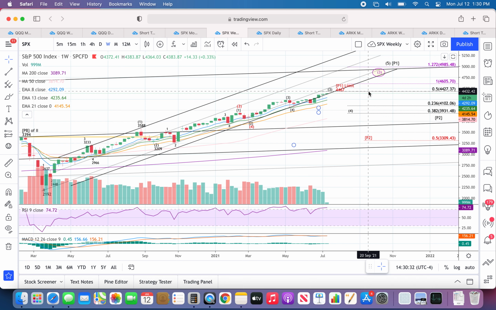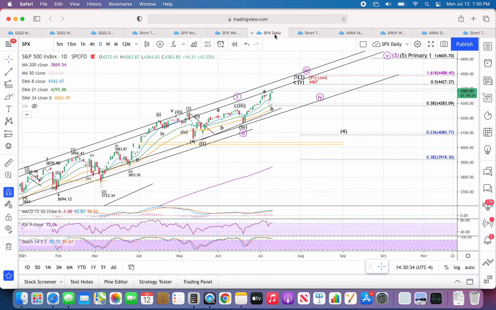Okay, if I drill down a little bit more into the daily, we also have a potential bullish count that has a 1.62 extension at about 44.88.